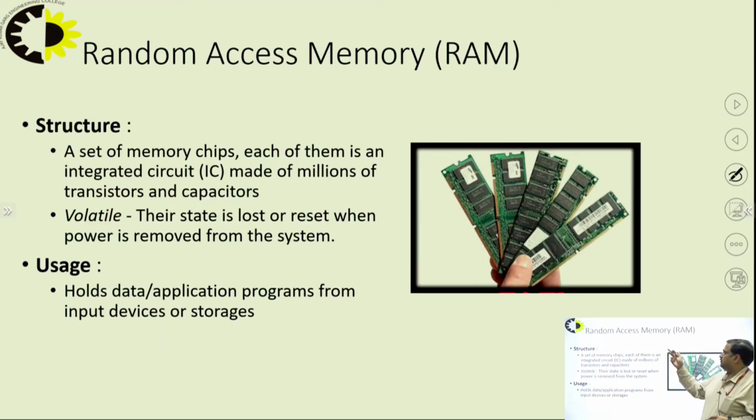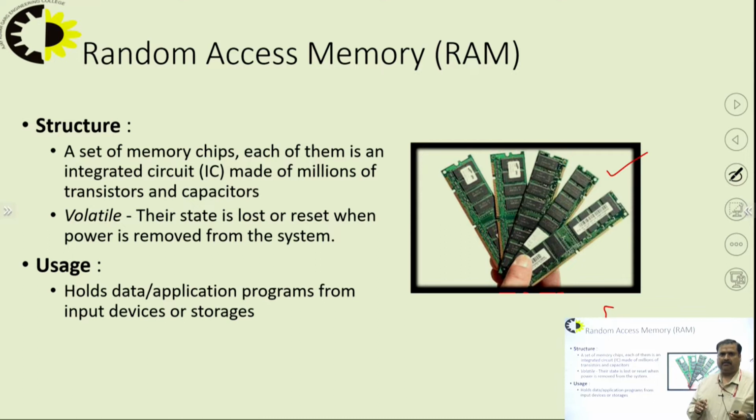So in the case of random access memory, RAM comes in the form of these VLSI chips. These chips have several ICs installed in them, with millions of transistors and capacitors to hold the bits. A bit is the smallest unit for measuring memory.